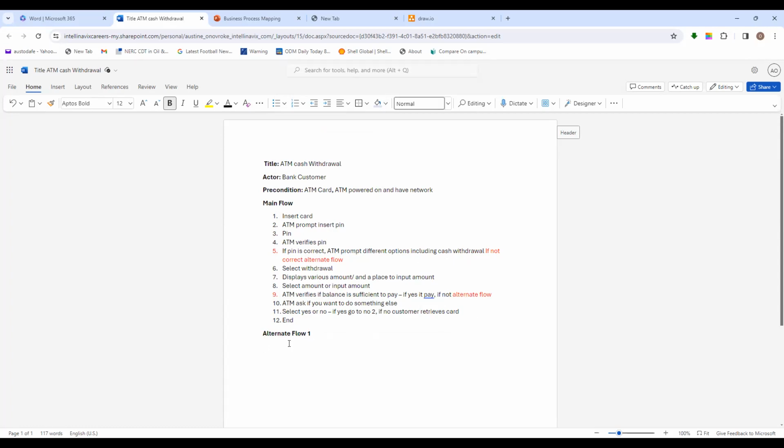If it is not correct, what happens? Prompt, re-enter PIN. Displays incorrect PIN. Customer re-enters PIN. Which step does it take you to now? Step 2. Go to step 2.